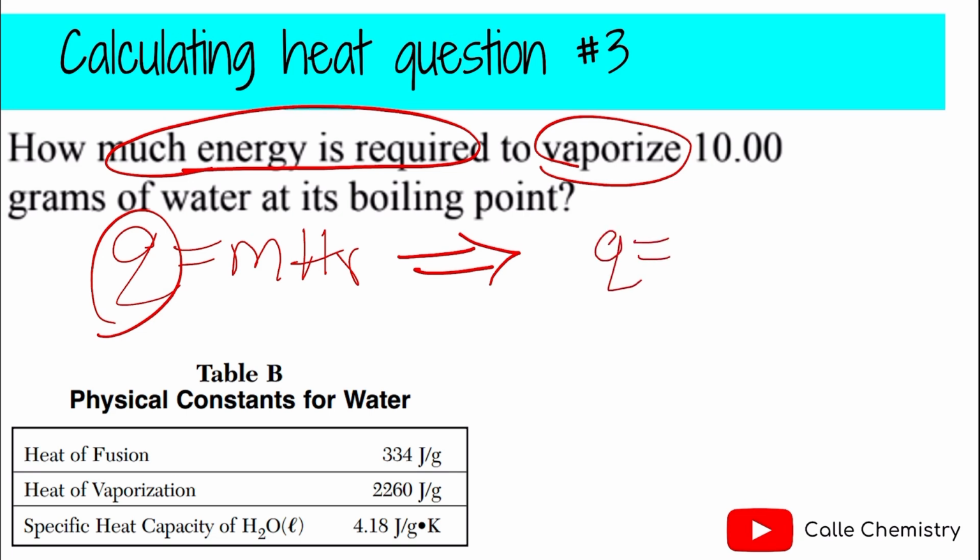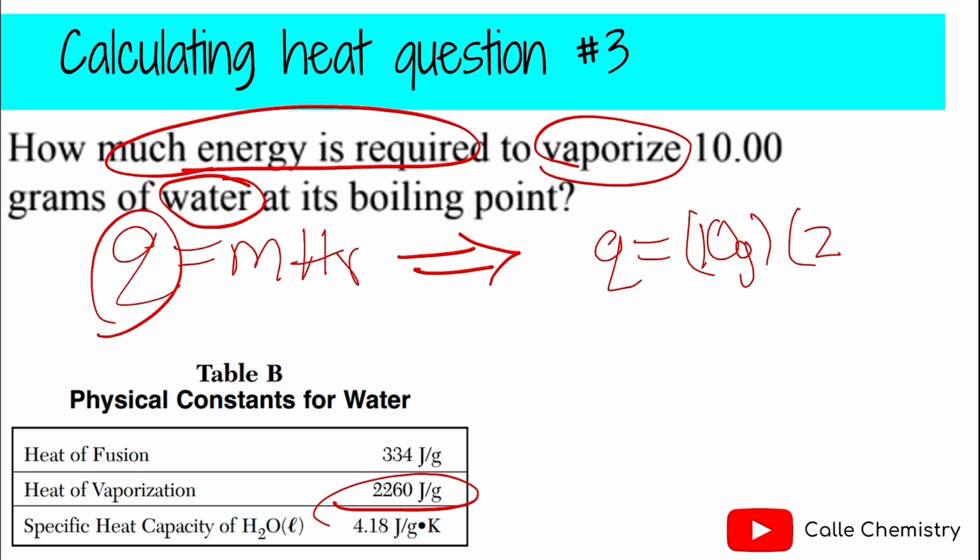And now they tell me that there's 10 grams of water. And they tell me that we're talking about water, which is important because, once again, they don't give me the heat of vaporization constant. They tell me it's water, so they expect me to go to table B and find that constant.